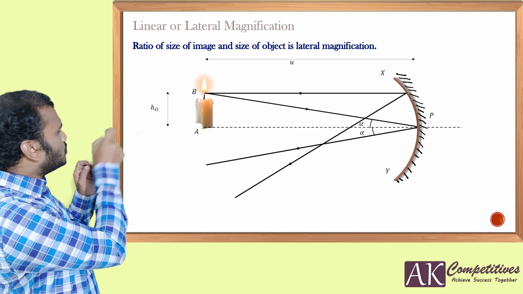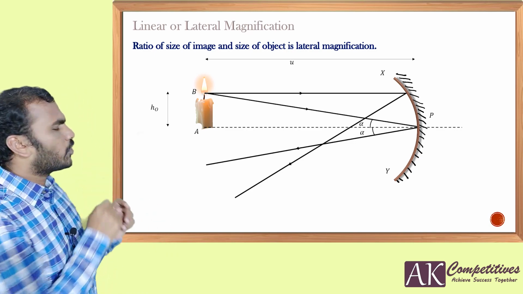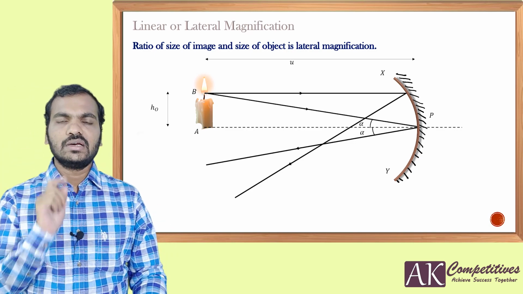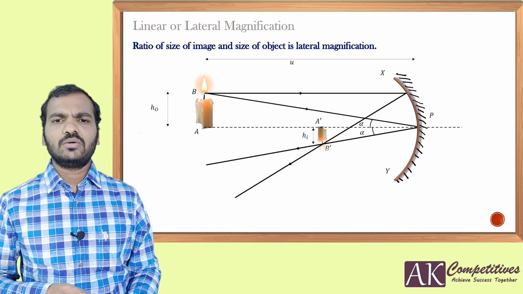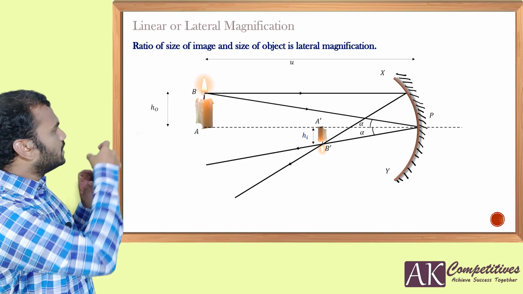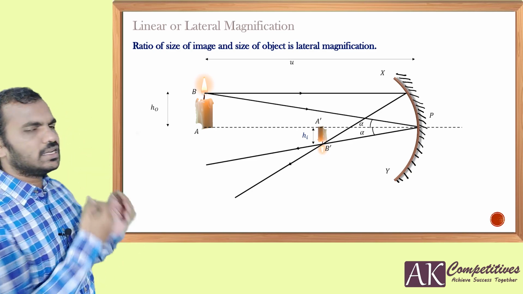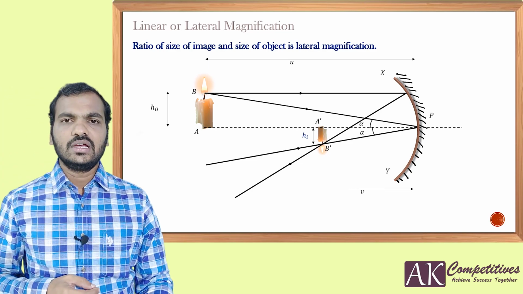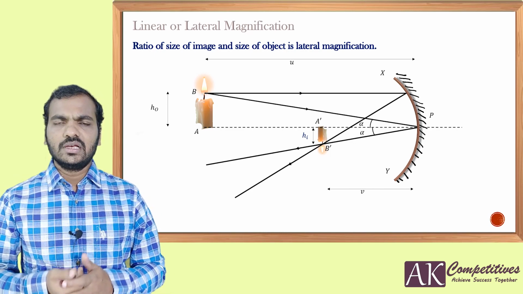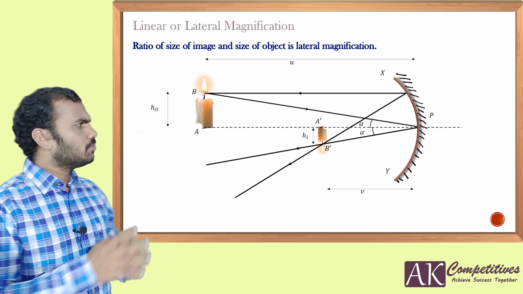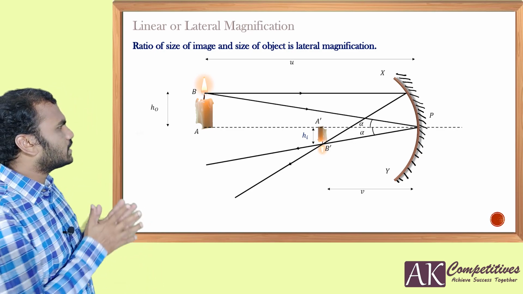Where these two reflected rays intersect, that point is going to be the image point for the point on the object from where you have taken these two rays. Now see the image. The image is going to be inverted here, as shown in the diagram. At what distance is this happening? At distance v. Now we will go to the derivation, but try to understand this diagram.